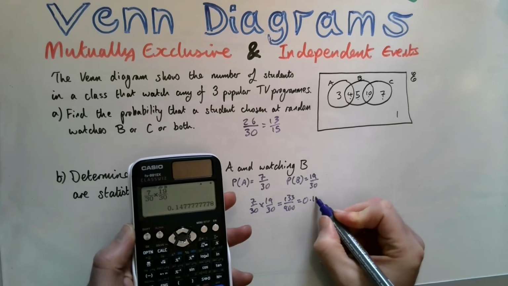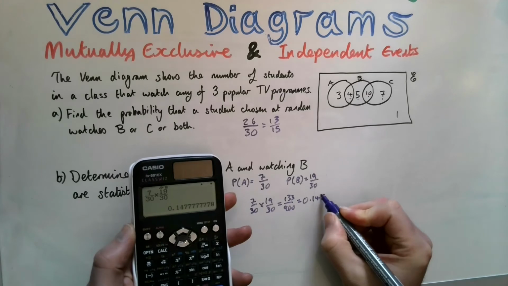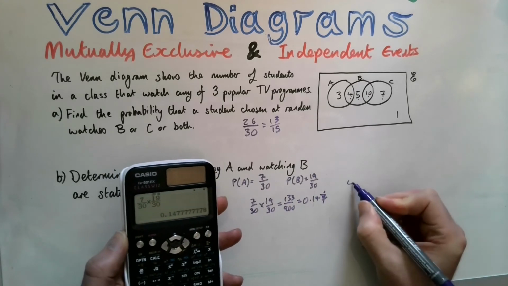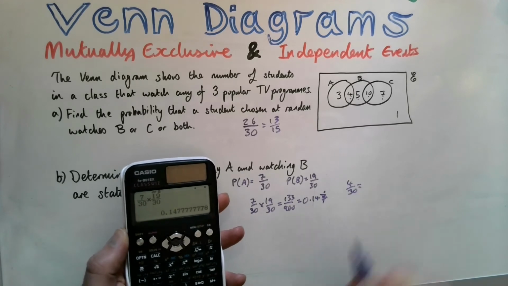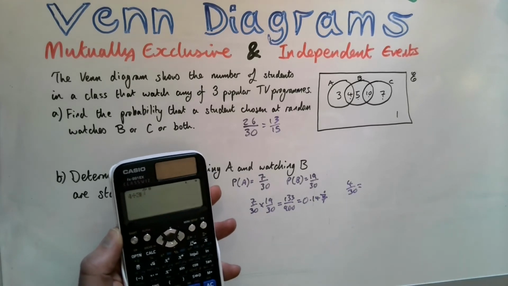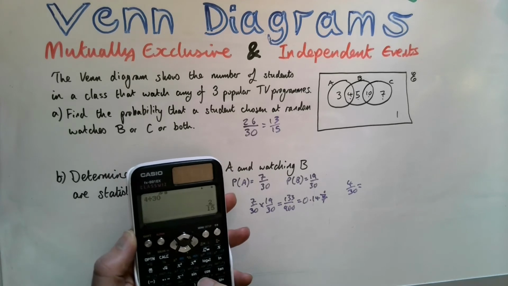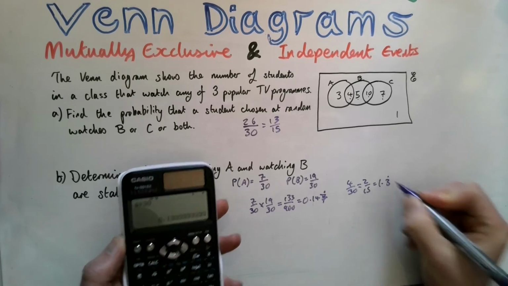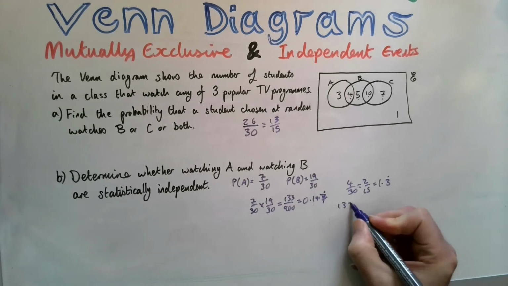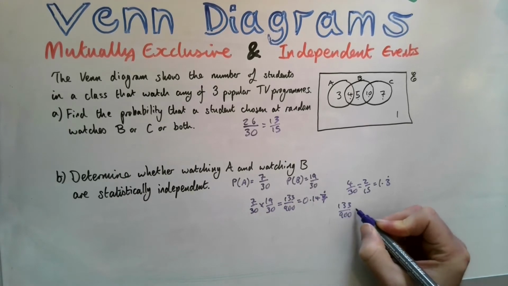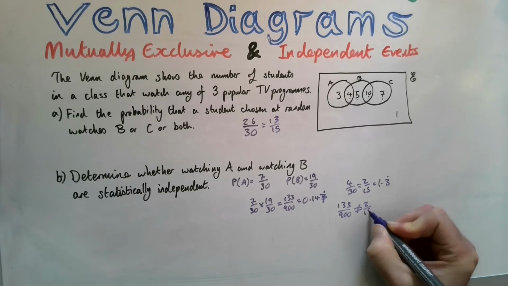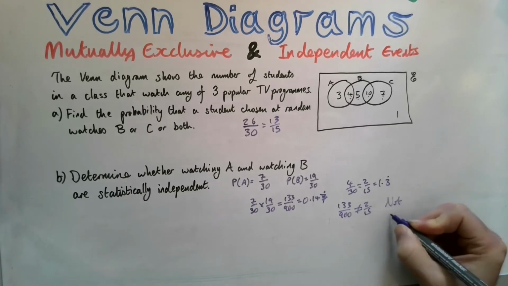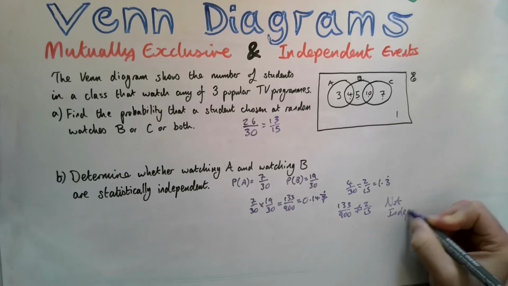Equals 0.1477 recurring, whereas 4 over 30 equals, well, we know it's a different fraction anyway, 2/15, which is 0.13 recurring. So 133 over 900 does not equal 2/15, therefore not independent.